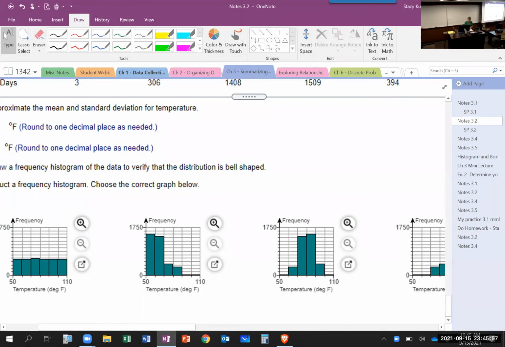So what I want you to do is use the data set for your paper, the M&Ms. You're going to use the data set that we have in StatCrunch, and work with some people around you.